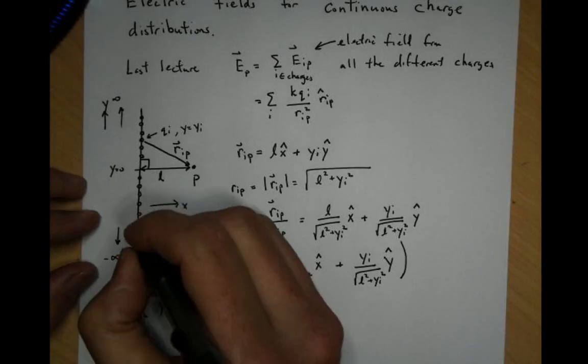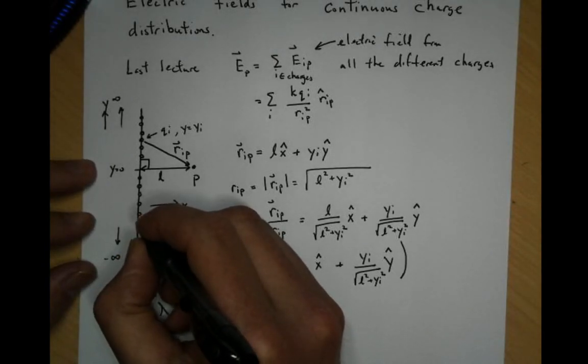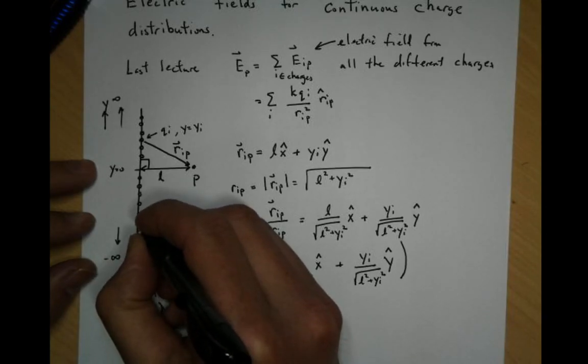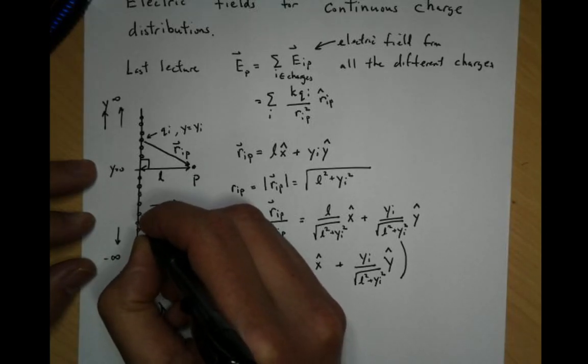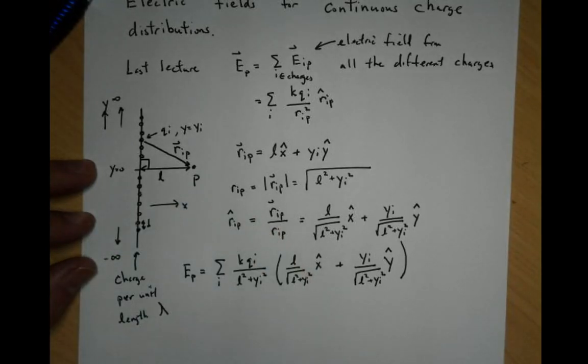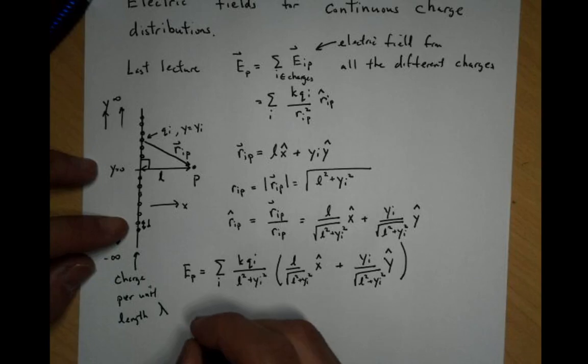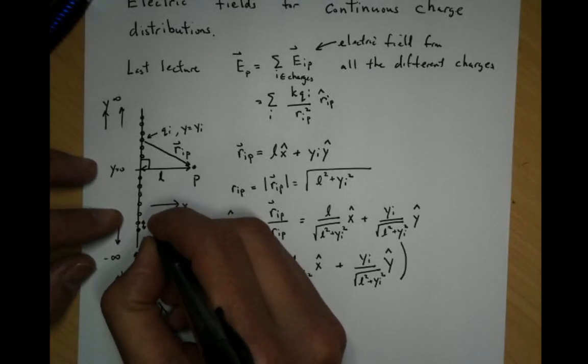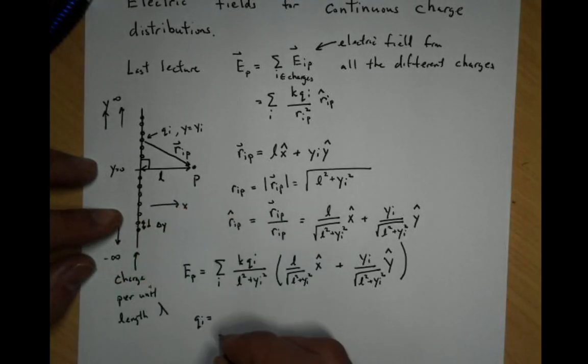Now, if I look at this very carefully, I can imagine that I take all the charges in this region and squish them down to one charge right there. So what would that charge look like? Well, in that case, Q_i is going to be equal to, well, this distance right here is going to be a delta y, so the total amount of charge would be lambda times delta y.